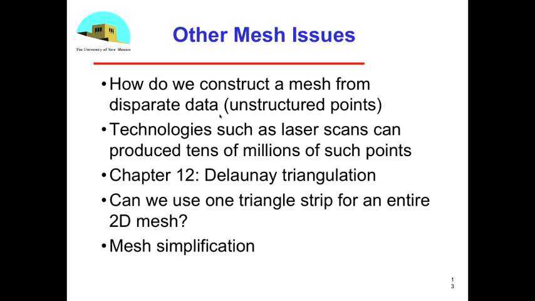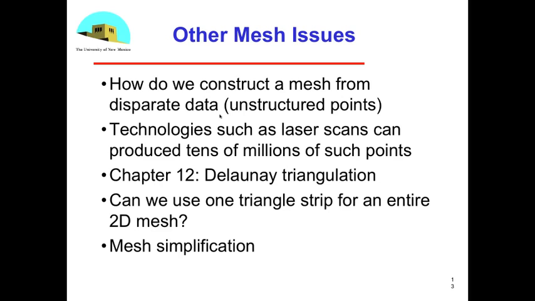And then there's sort of the inverse problem of given a mesh, how do you simplify that mesh? One of the things we'll see when we start talking about curves and surfaces is when you render a surface, you usually render that surface by breaking it up into a lot of little polygons, triangles. And what will happen is that you'll waste a lot of triangles in areas which are kind of flat.